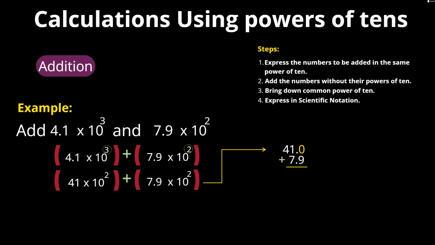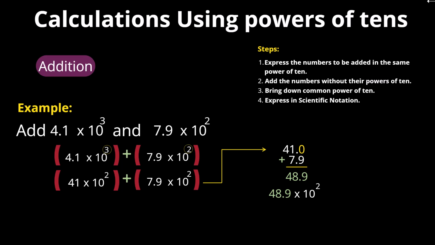41.0, 7.9. This is how we put our addition problems when adding decimals. Now let's add, and we have 48.9. Then let's bring down the common power of 10, which is 10 squared. As you see, this number is not expressed in scientific notation.